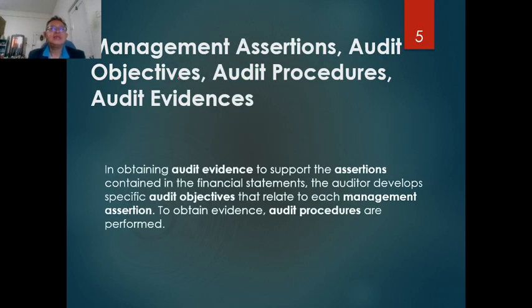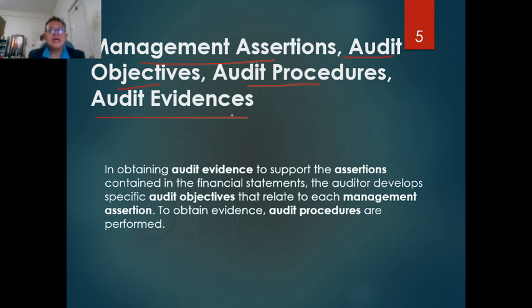Now how are management assertions, audit objective, audit procedure and audit evidence related? They are always related. Why? Because you need to know what type of management assertions you are going to check, and then what objective you need to attain in ascertaining the management assertions, and then how you are going to conduct your audit to achieve your audit objective.